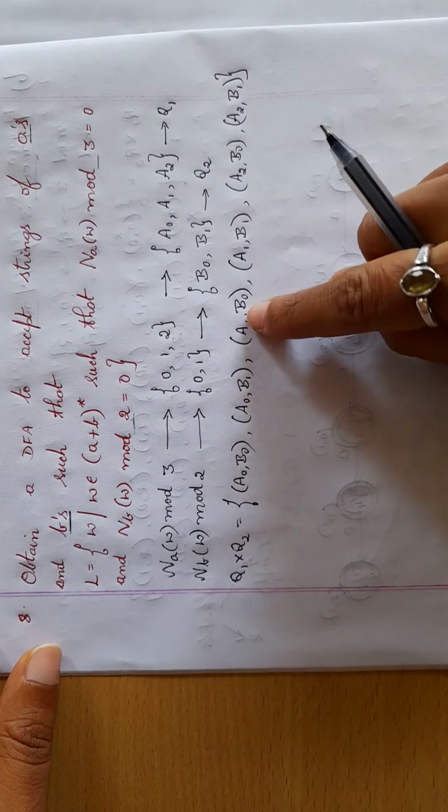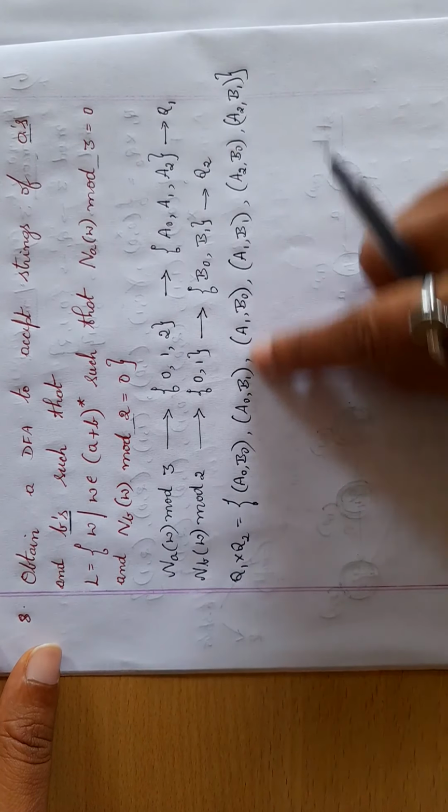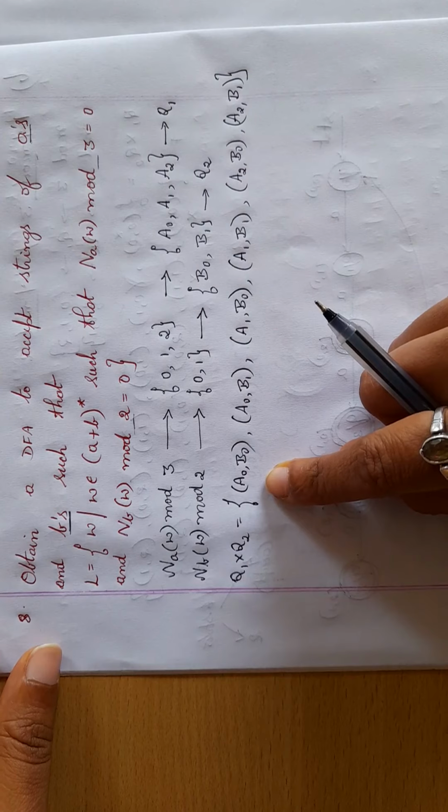So 1, 2, 3, 4, 5, 6: six possible states in the given DFA.